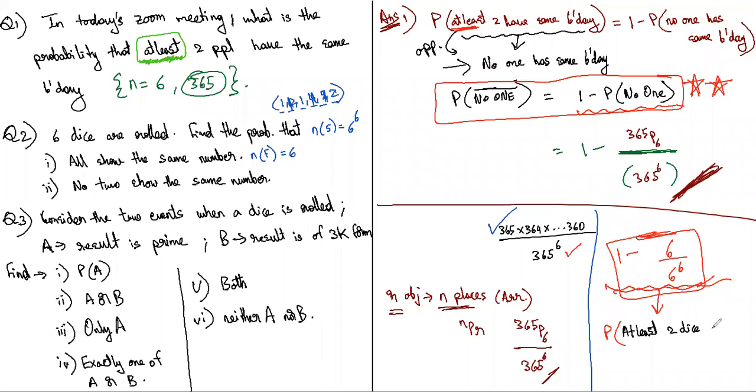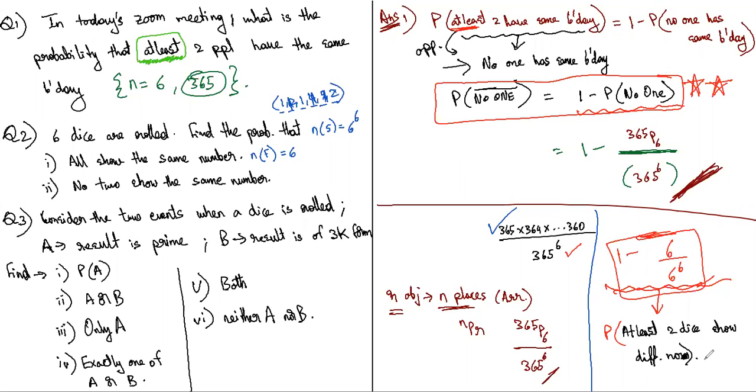At least two dice. फिर repeat कीजिए. Just repeat your answer. At least two dice क्या बोलना चाहिए? Different number. हाँ. At least two dice show different number. Yeah, good. Very good. At least two dice show different. This is the answer to this question.